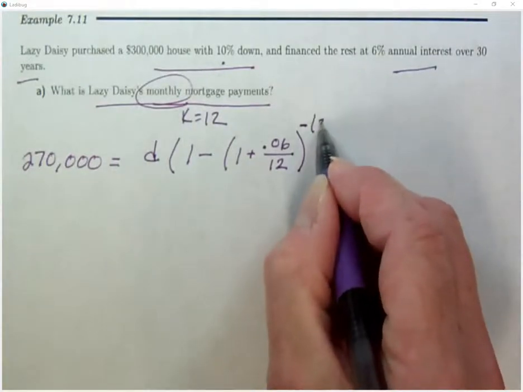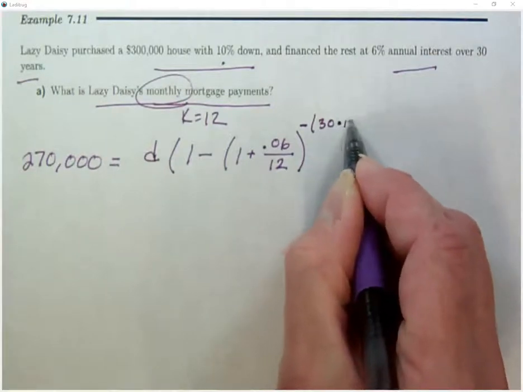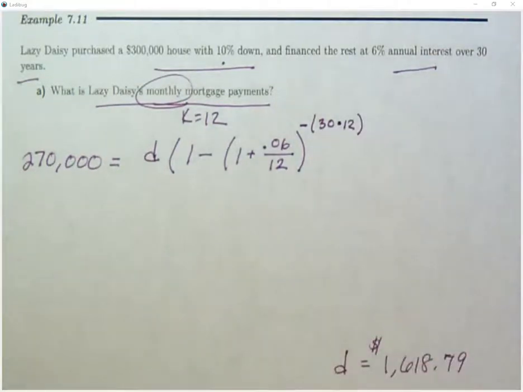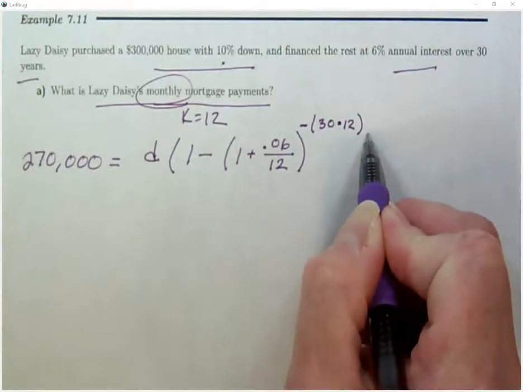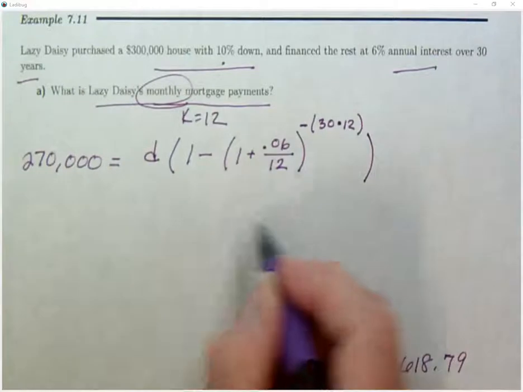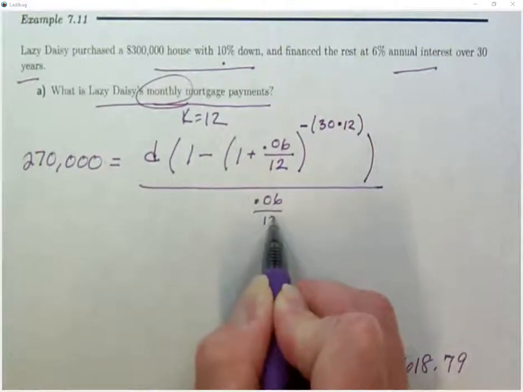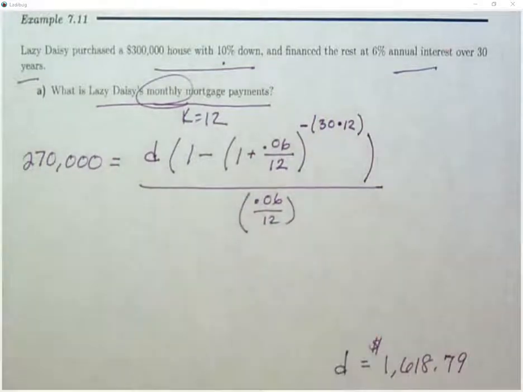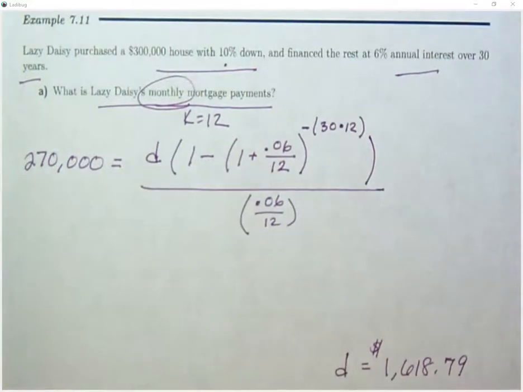And you have 30 times 12 months, 30 years, 12 months, and then we divide by 0.06 over 12. So calculating that out, I'll just walk you through on the calculator to the final answer, and then when you see the solutions, I'll write that up as well.